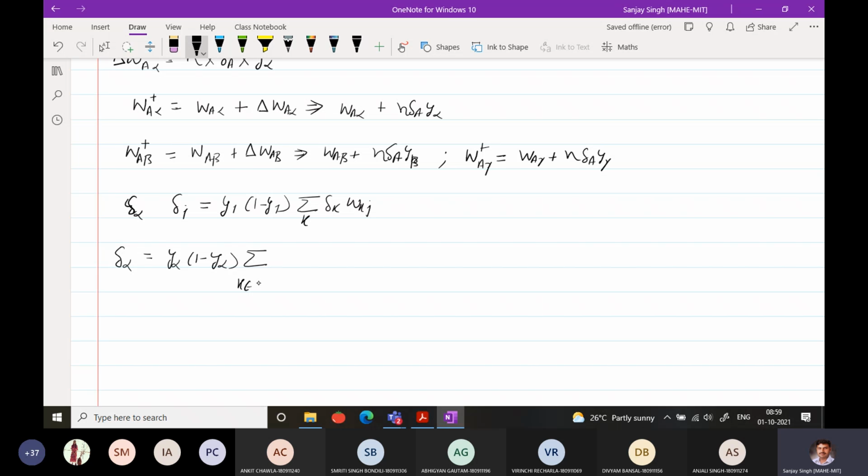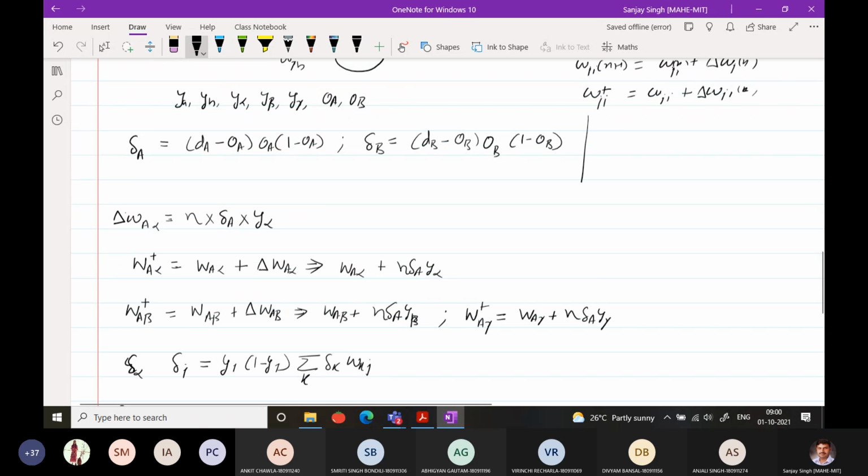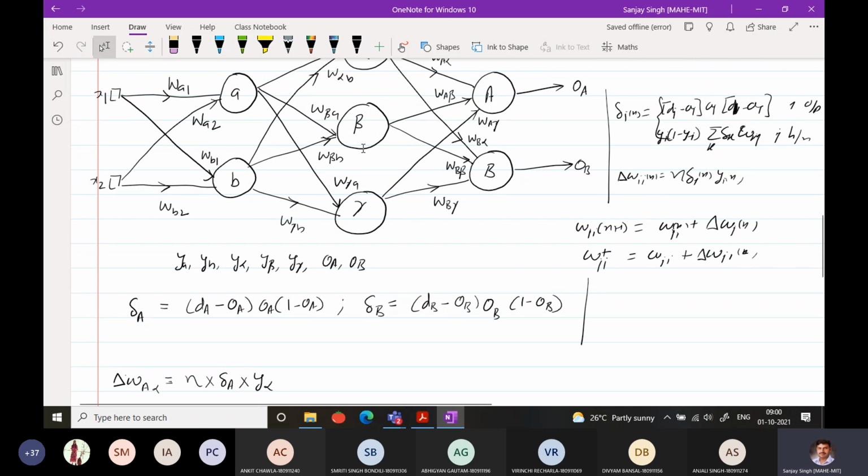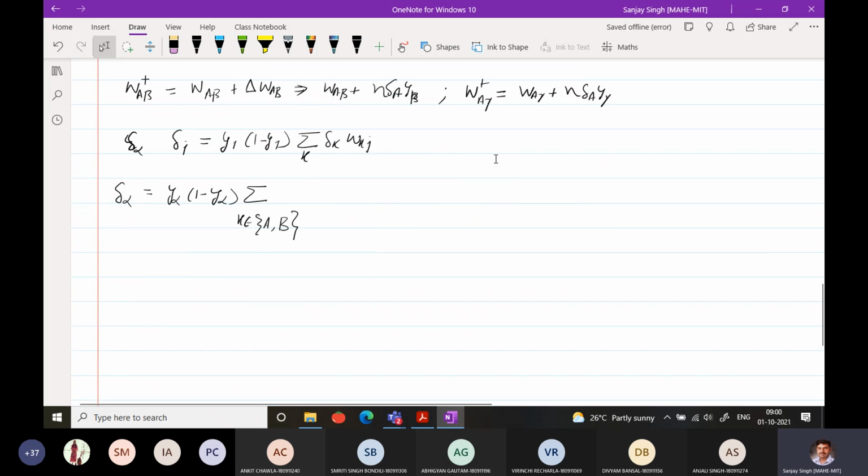Here k is the number of neurons in the higher layer, and those are two, A and B. That is, when you are considering this, the number of neurons in the higher layer is A and B. Then here we have delta k, wkj, where j is alpha, whatever you consider.